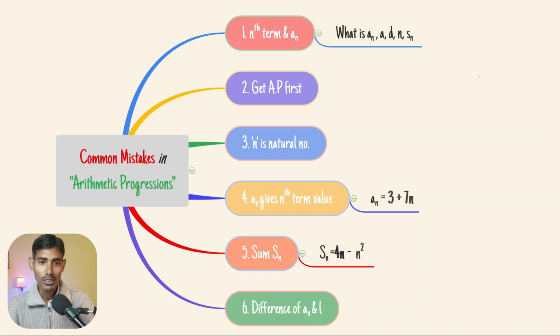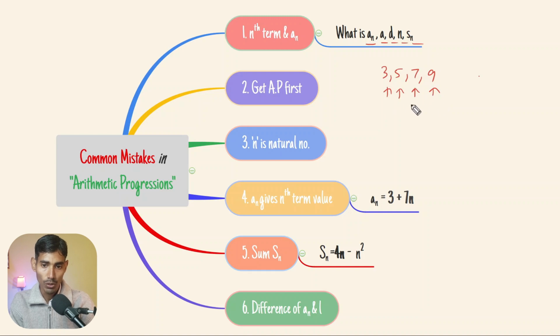So the first one is nth term and n. These terms should be very clear to you, what these individual terms mean. An is the nth term value. Suppose we have 3, 5, 7, 9. This is the first position, second, third, fourth.